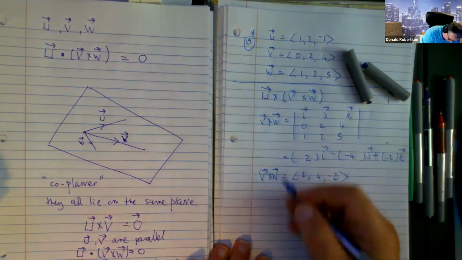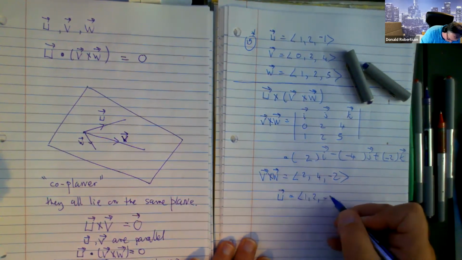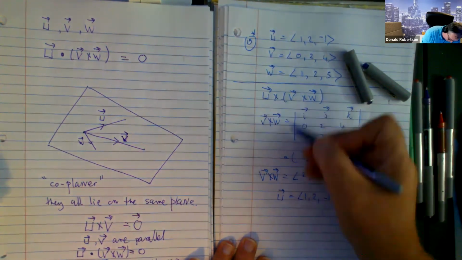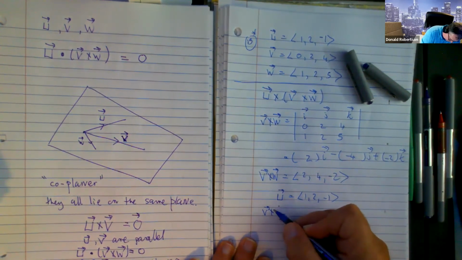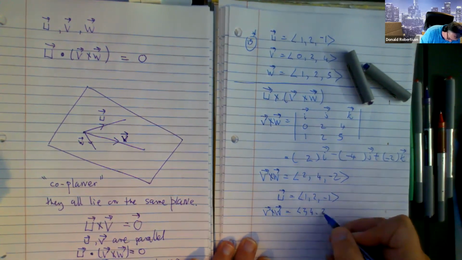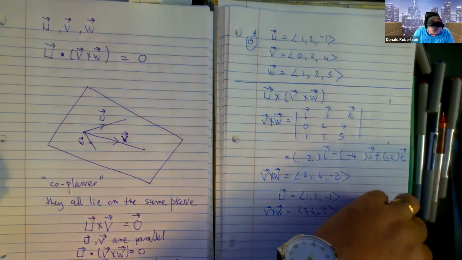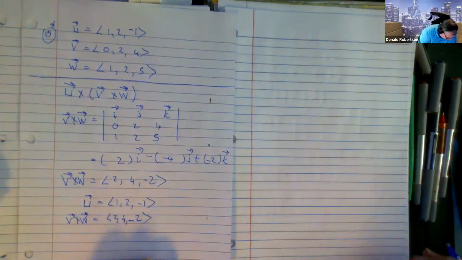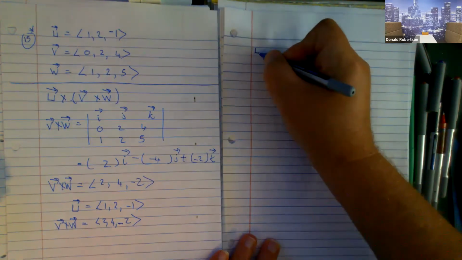Now you want to do u, which is this vector, cross this guy. So a little bit on the quick side, you would put that in.